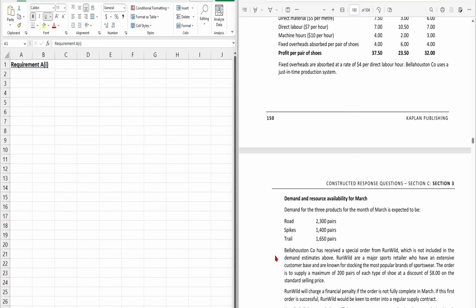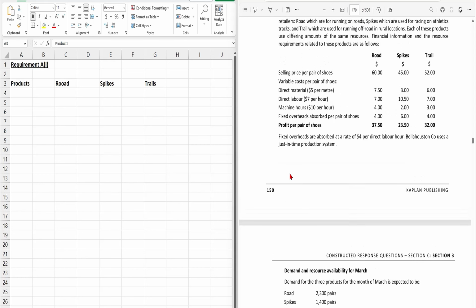So first, let's do the optimum production plan. What are the three different types of product? One is road, another is spikes, and the other is trails.